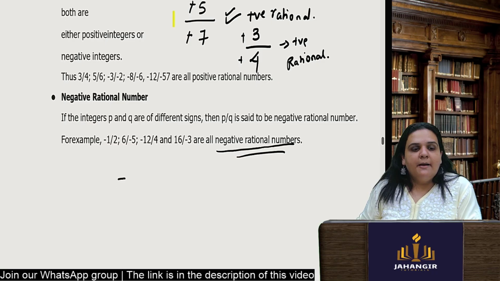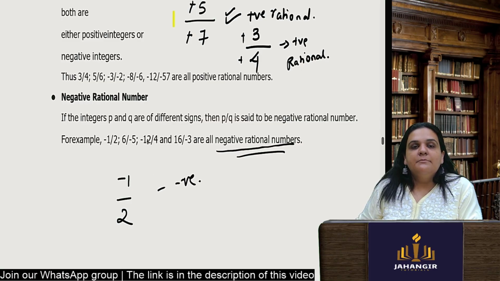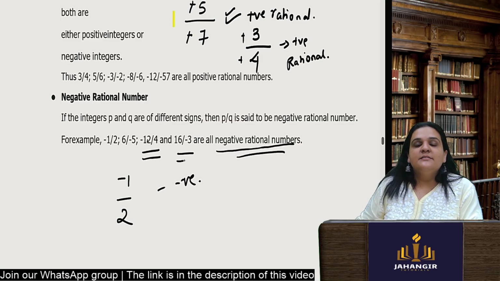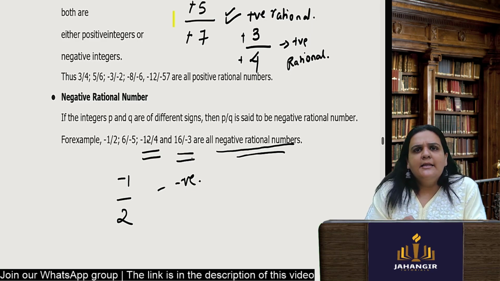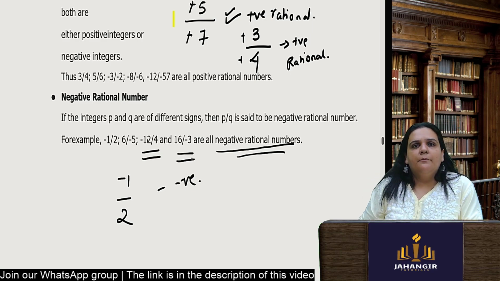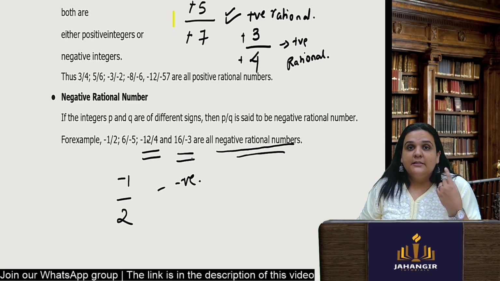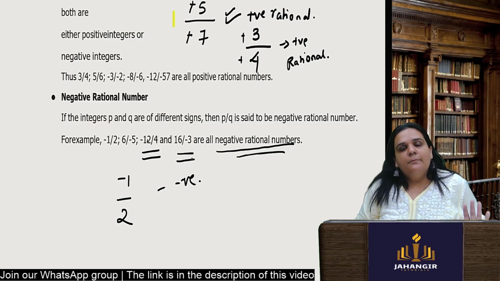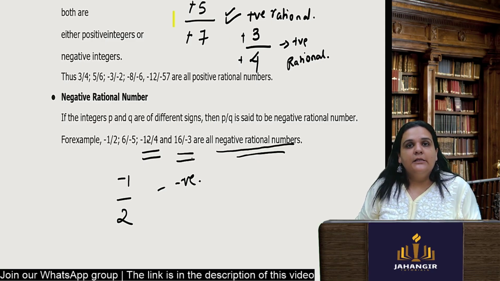So if I am saying -1 upon 2, one is positive sign, one is negative sign, it is a negative rational number. Similarly, -12 upon 4, 16 upon -3. Any number, either in numerator or denominator, if any number is minus and other number is positive, it will be a negative rational number.